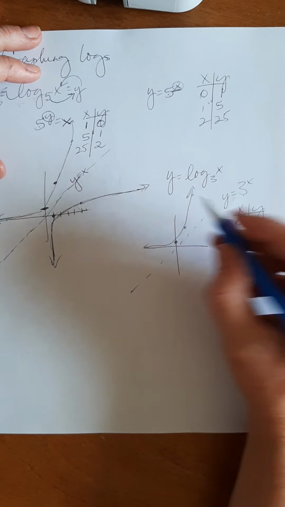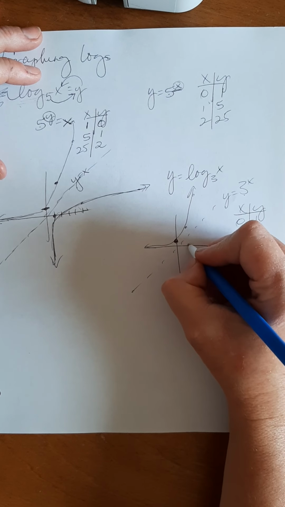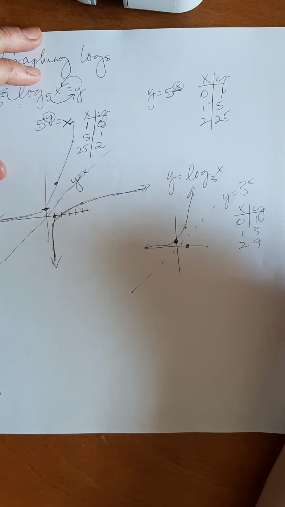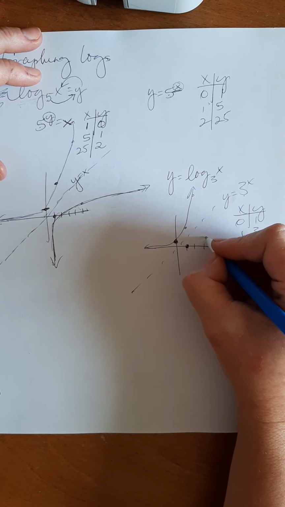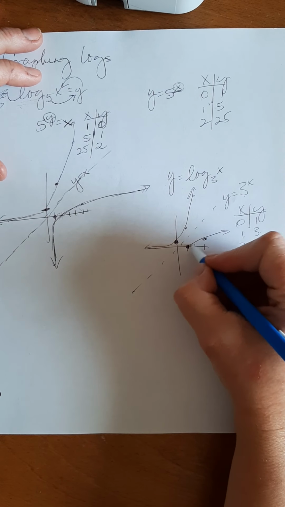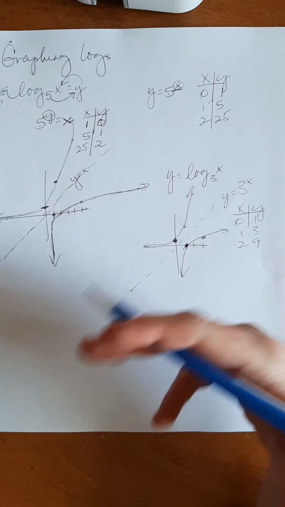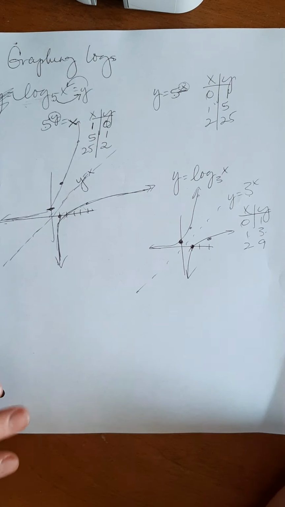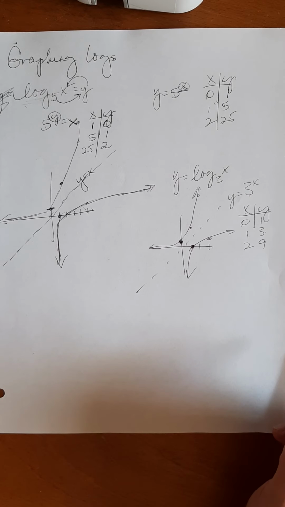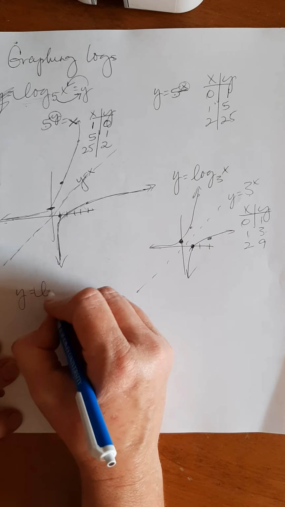There's your inverse line. And remember, if 0, 1 is on this one, then 1, 0 is on the inverse. If 1, 3 is on this one, then 3, 1 is on that one. There you go. I don't care which way you do it, but I just wanted to show you that if you want. I know that seems like more work. Well, yeah, it is, but if it helps you understand it.